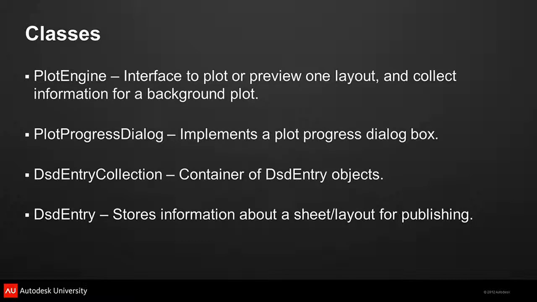Plot engine does what it sounds like. It allows you to output your drawing or layout to a hard copy through a PC3 file. That might be a DWF file. It might be a paper copy. Plot progress dialog box simply allows you to get information back from the plot engine to figure out where it is along the way, which drawing or which plot is currently in progress.